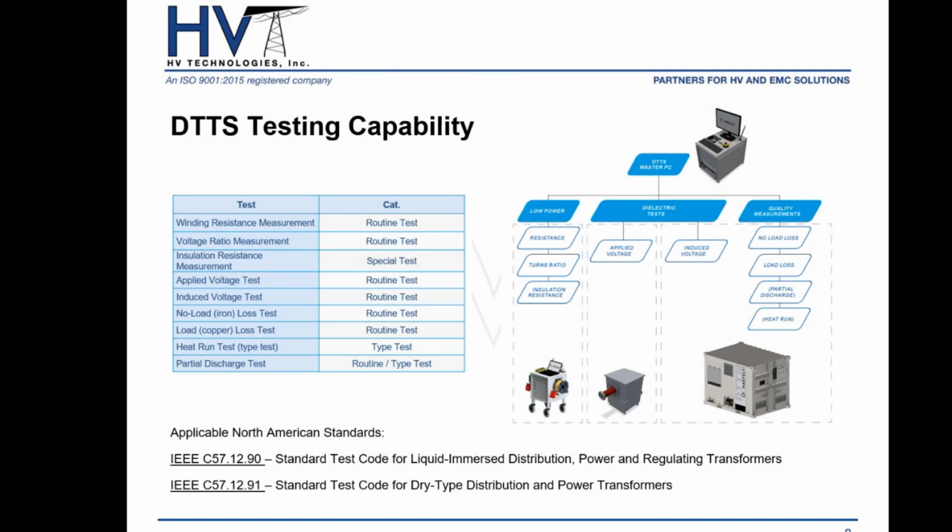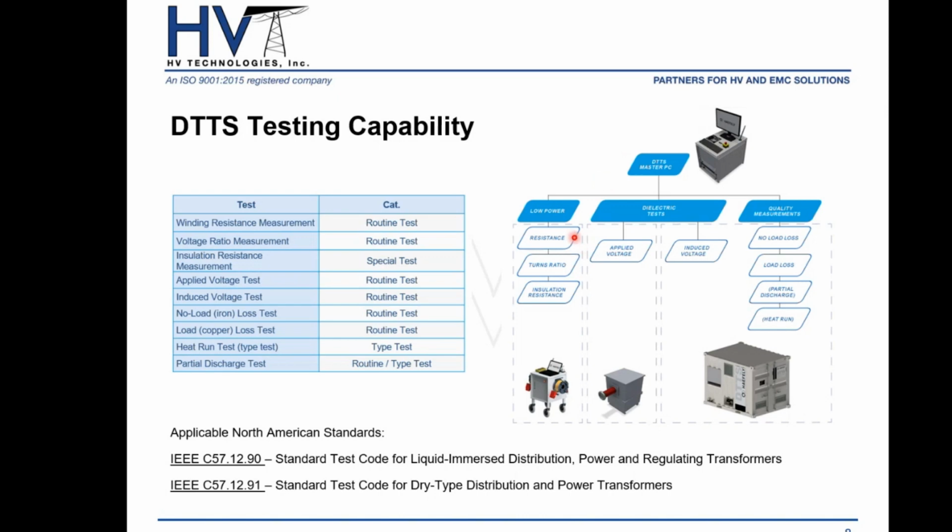And here's just a quick summary. You'll be able to do all your routine testing, and it all goes to a centralized control software. So all these tests will be able to be run with one system.